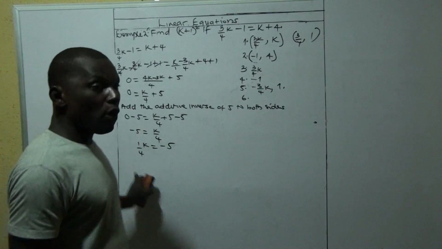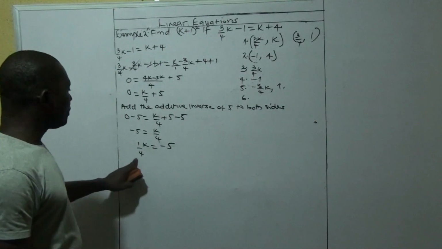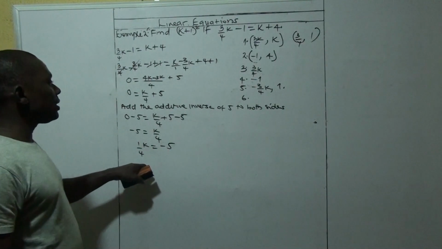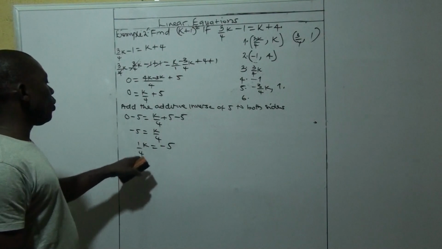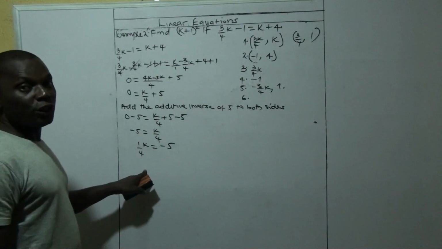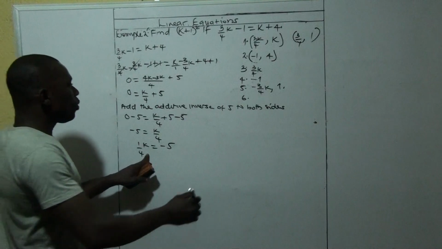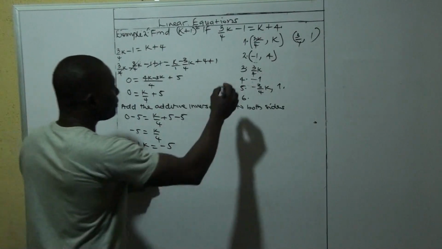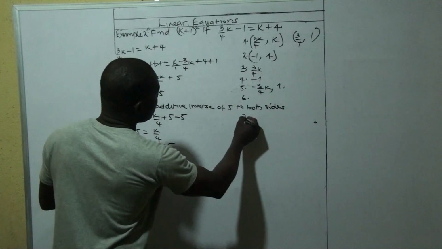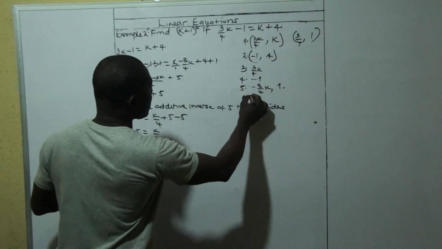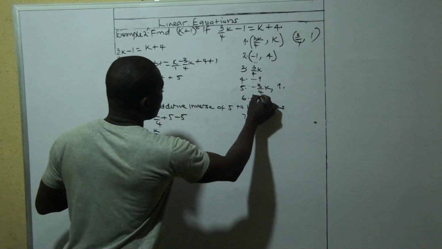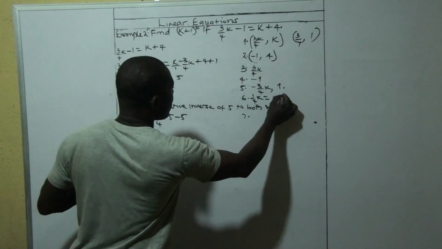Because we're looking for k, our next step is to look for the coefficient of k. The coefficient of k here is 1 over 4. So in step 7, we have 1 over 4 k is equal to minus 5.